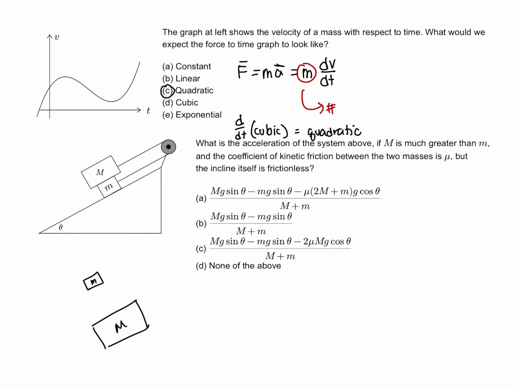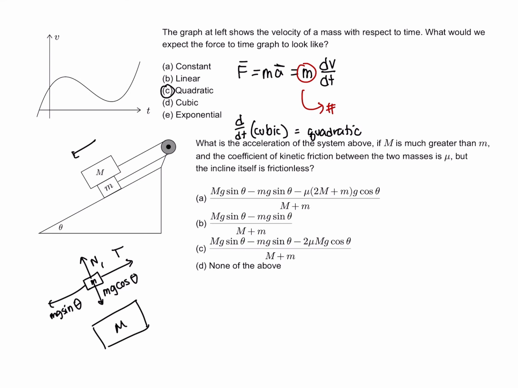On little m, we have the normal force going up, right? And then we have its gravitational force: mg cosine theta in the y component, and mg sine theta in the horizontal component. We have tension.